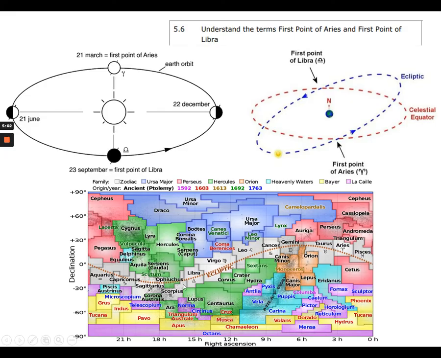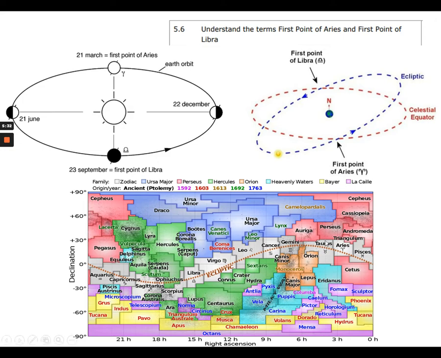So we can plot the date against that patch of sky, or we can observe how high the sun appears to go throughout the different dates. There's a very important point here, which is the 0 hours right ascension, and that's the 21st of March. So on the 21st of March, the point in the sky where the sun appears to be, which is directly above the equator, is our first point of Aries.